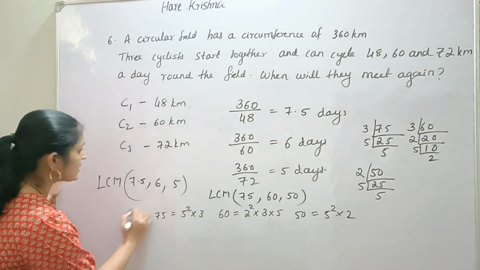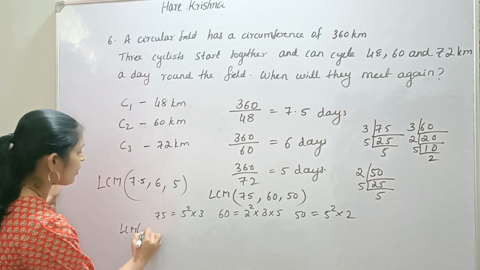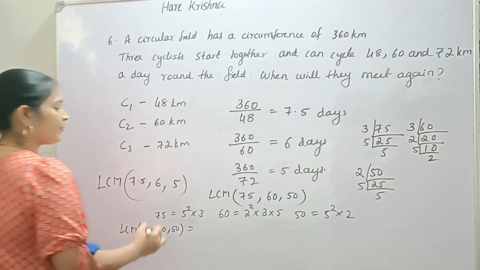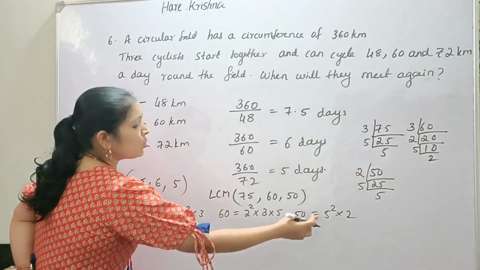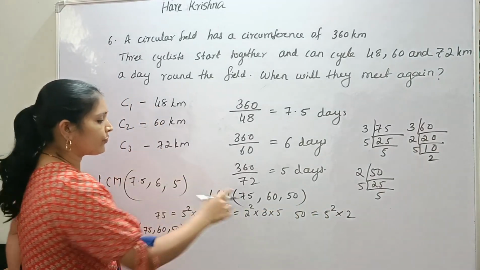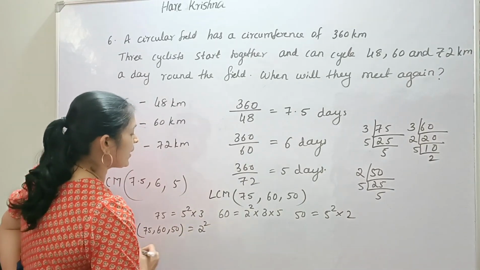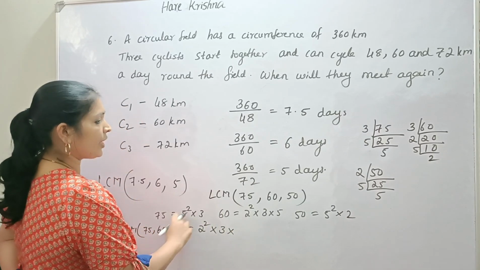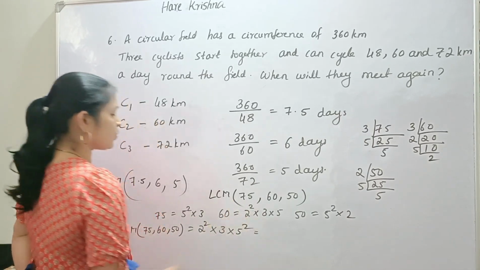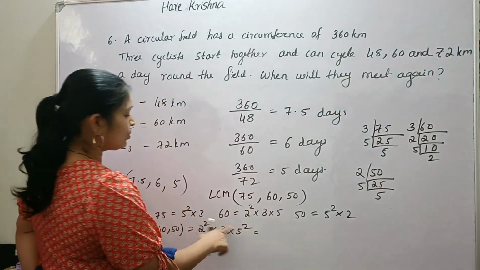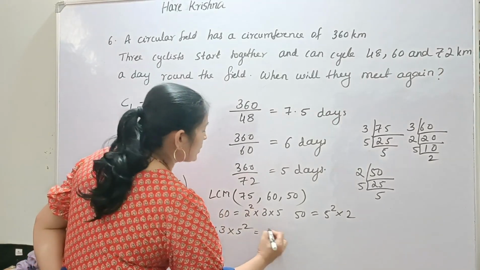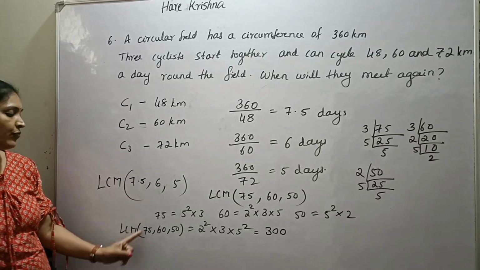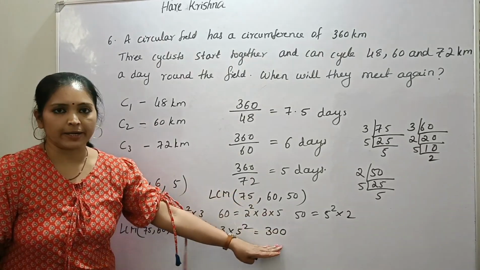So the LCM of 75, 60, 50 is the greatest power of each: 2 squared into 3 into 5 squared, that is 4 into 25, 100, 100 into 3, 300. We have got the LCM of 75, 60, 50 as 300.